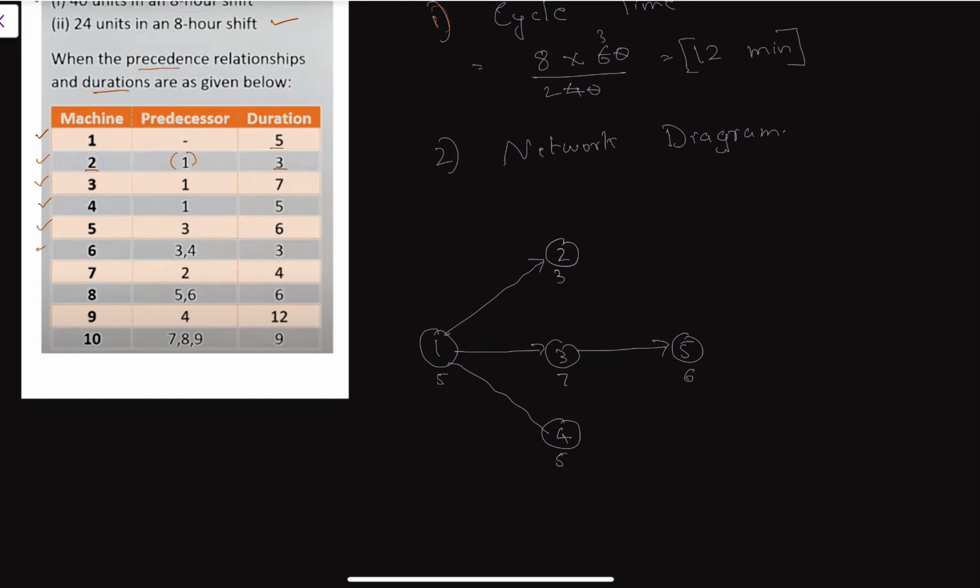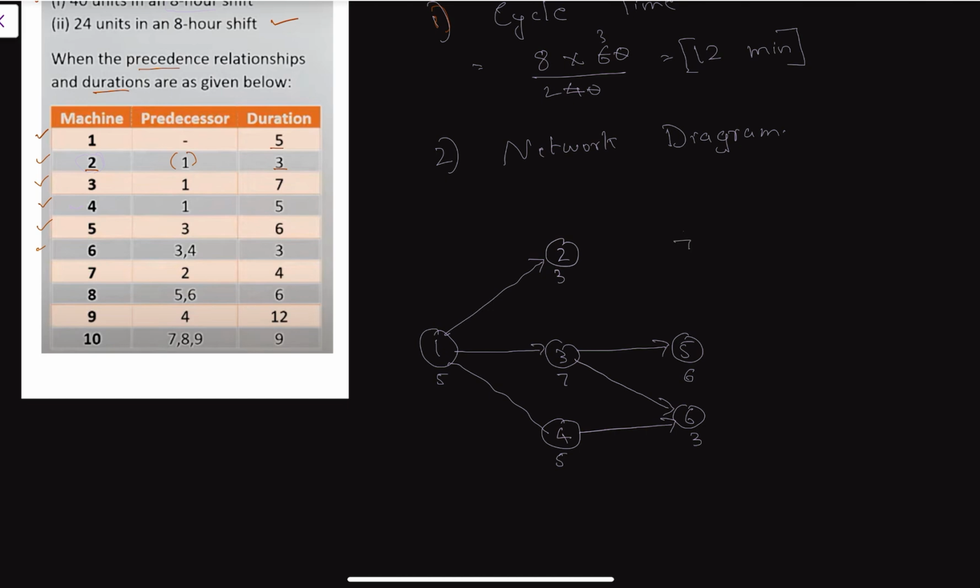Then you have machine 6. It will start only after 3 and 4 are completed. So let us draw 6 here. It will take 3 minutes. After that you have 7. 7 will start after 2.